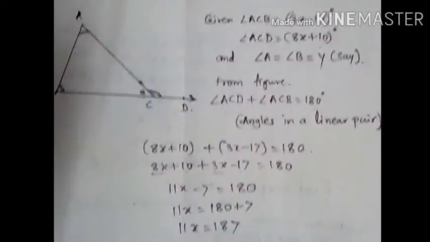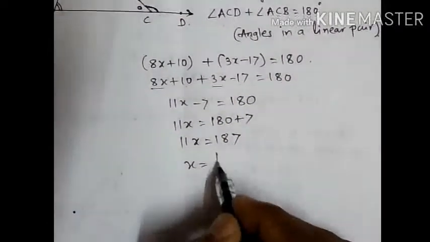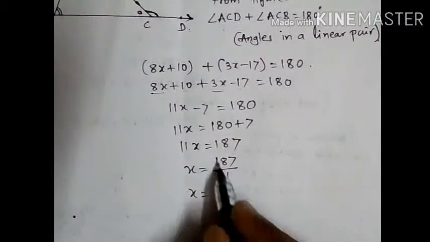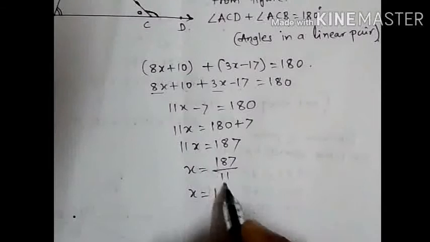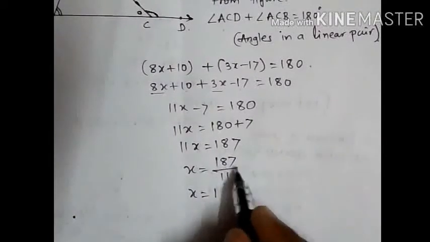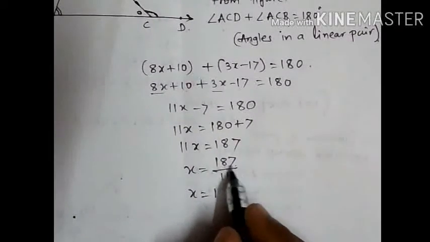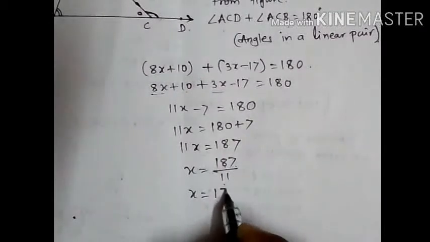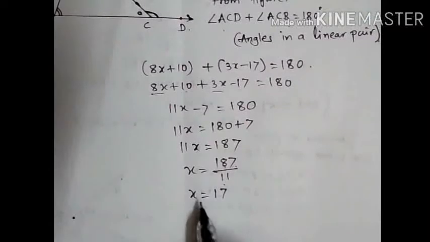Therefore x is equal to 187 divided by 11. Divide by 11: 11 1 11, remainder is 7. Now new number is 77. 11 7 77. The value of x you get is 17.